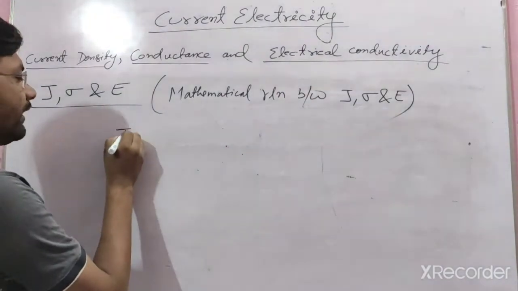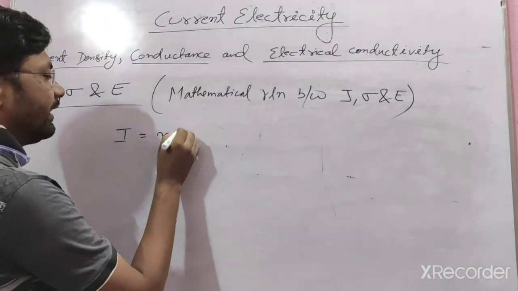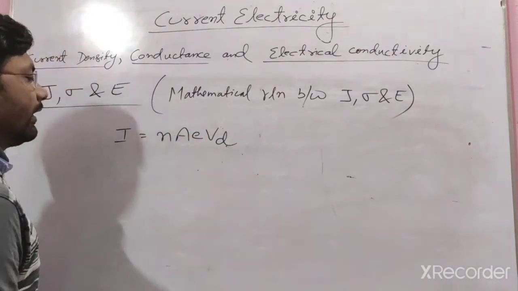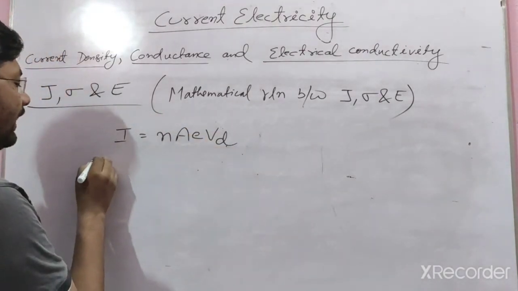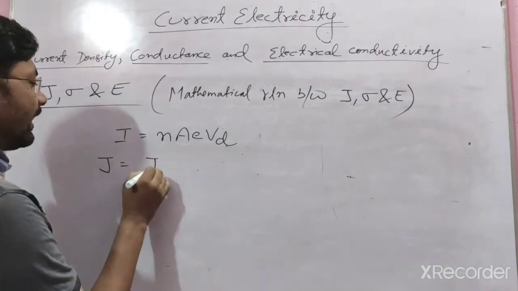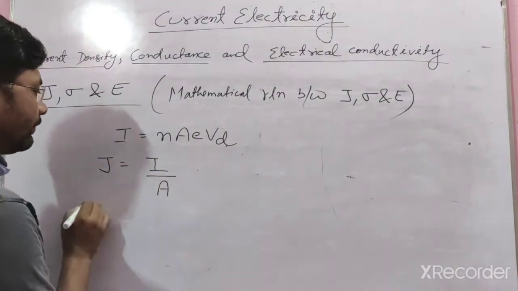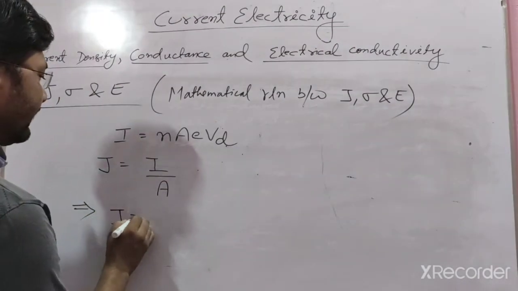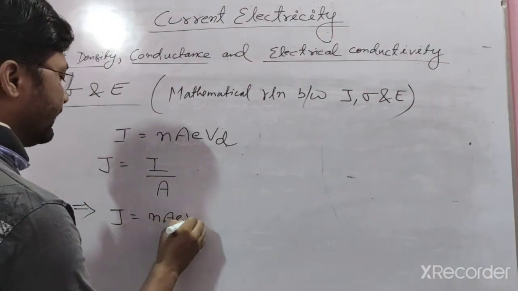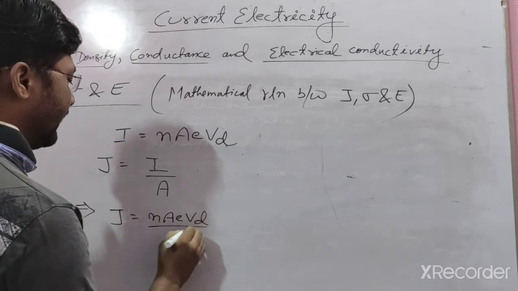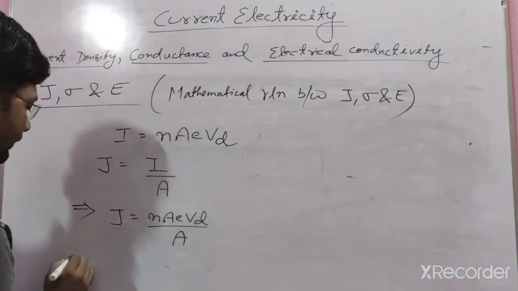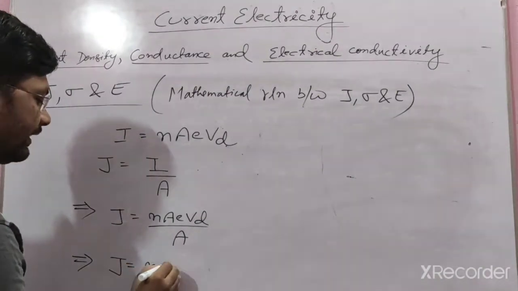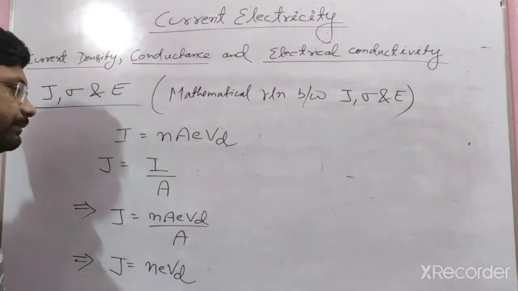Now you know that I equals nAevd, and J equals I by A. So J can be written as nAevd by A. Therefore, J equals nevd.